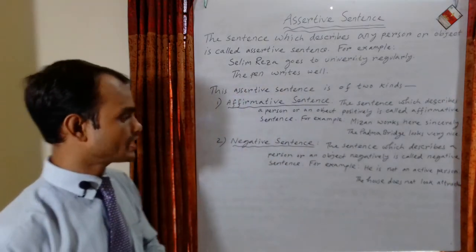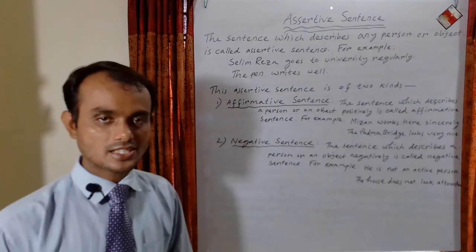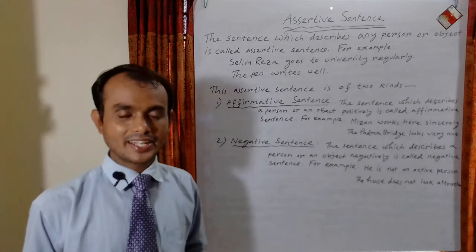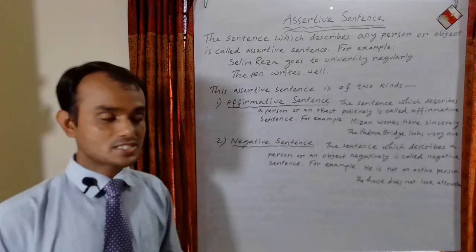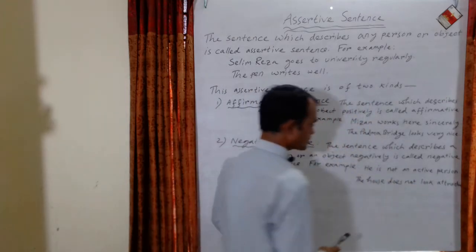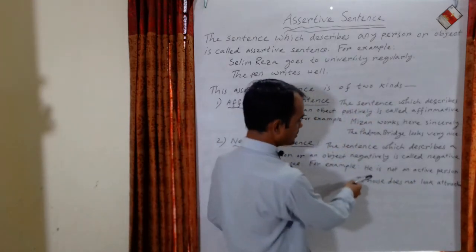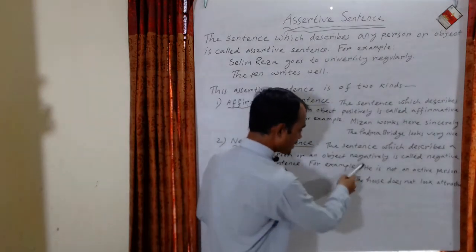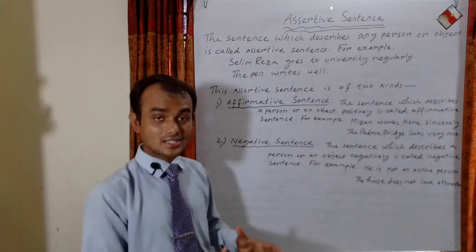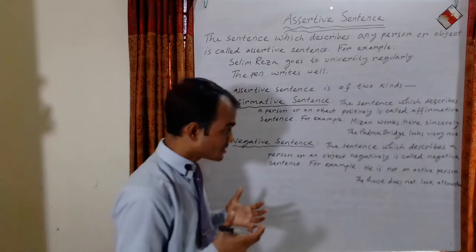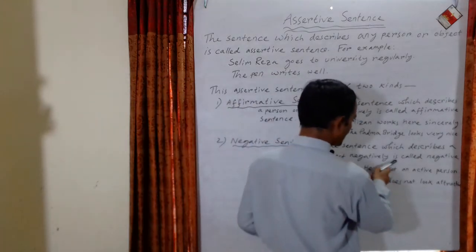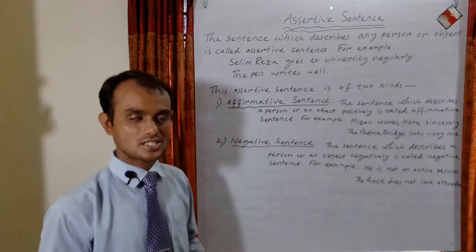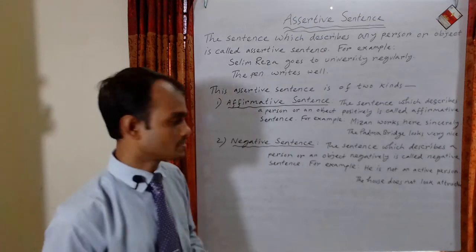Dear students, I have already written the definition of negative sentence with this example. The sentence which describes a person or object negatively is called negative sentence. For example, he is not an active person. From this sentence we find the subject he, and this sentence describes this person negatively. Here is the word not, and this not is describing the person negatively. So this is a negative sentence.